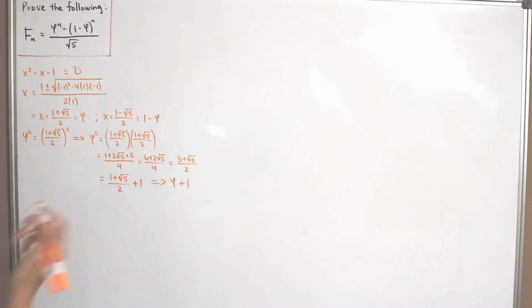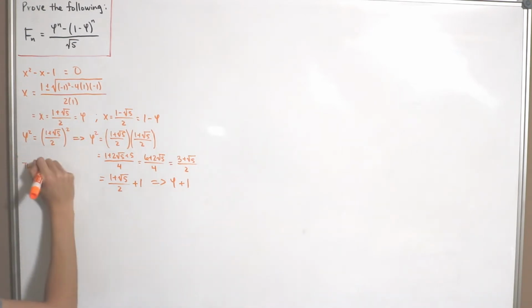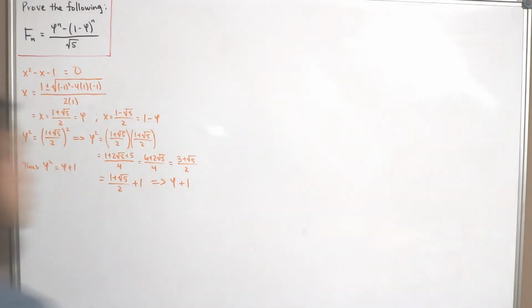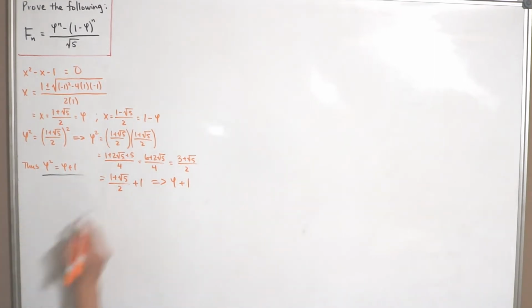Thus we can conclude that phi squared is equal to phi plus 1. It's a really interesting property of the golden ratio number, if you ask me. So next, let's multiply phi to the power n minus 2 to both sides here.